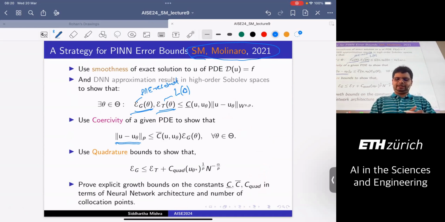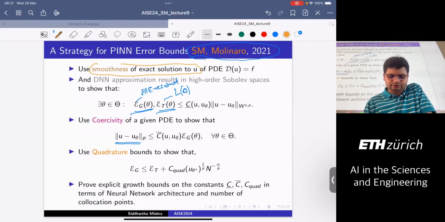The point was that as long as three conditions hold, this program works. And what are those three conditions? The first one, let's use a different highlighting color, is essentially the smoothness of the exact solution. As long as the exact solution is smooth, in principle, and this is very important because you'll see that in practice there are formidable difficulties in doing it, both the residual of the PDE and the training error, or the loss function, can be made as small as possible.